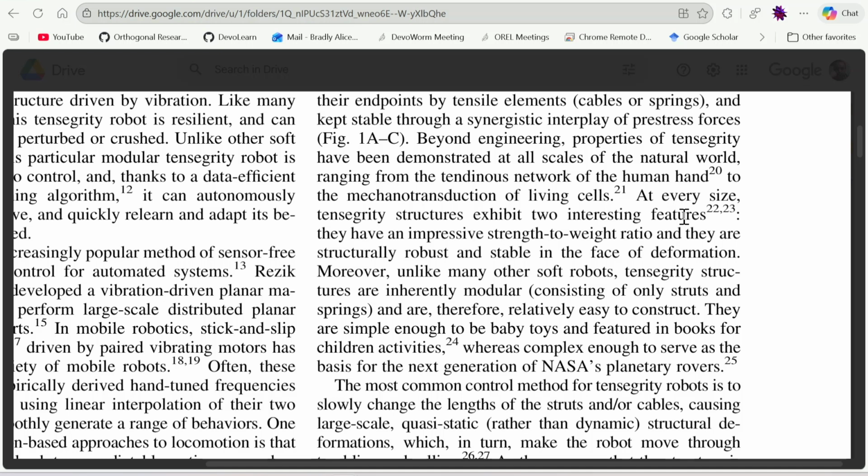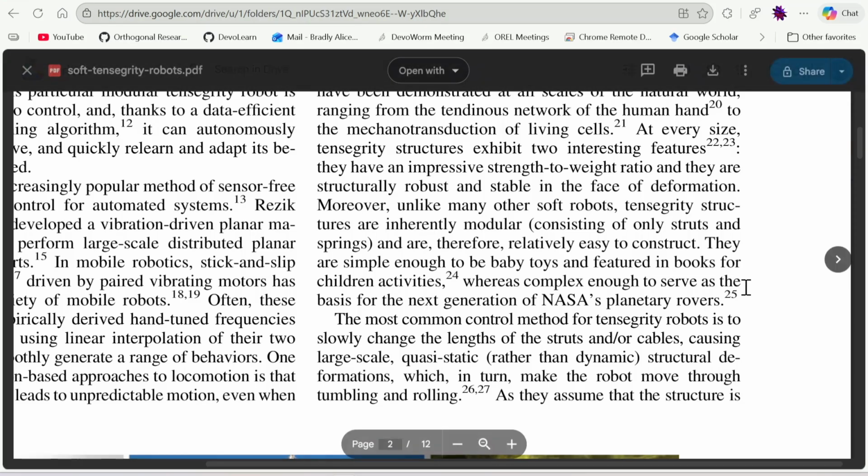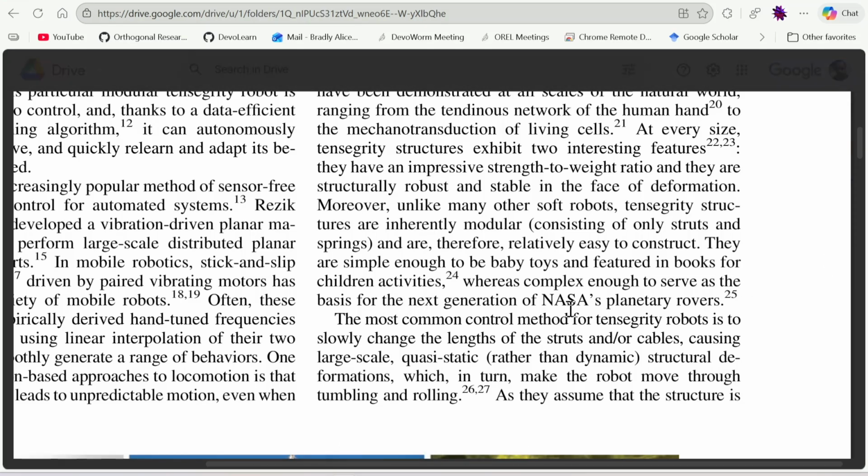Moreover, unlike many other soft robots, tensegrity structures are inherently modular, consisting of only struts and springs, and they are therefore relatively easy to construct. They are simple enough to be baby toys and featured in books for children's activities, whereas complex enough to serve as a basis for the next generation of NASA's planetary rovers.